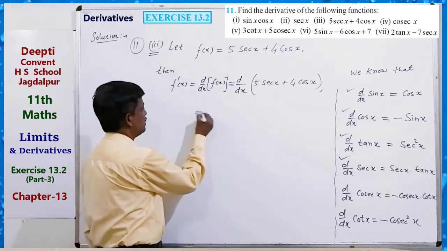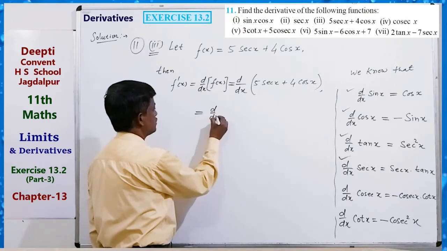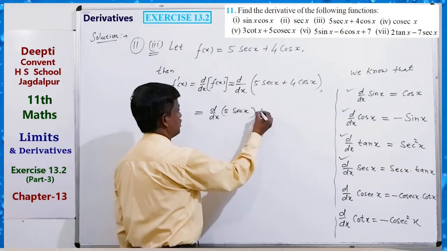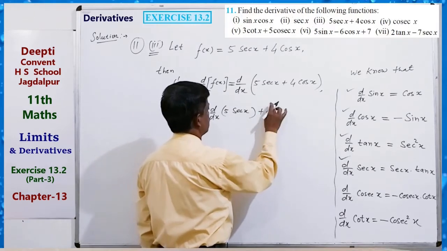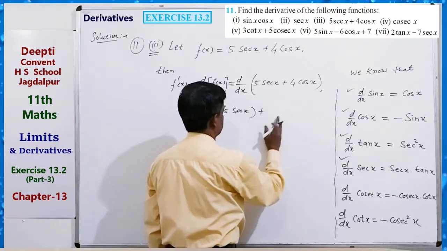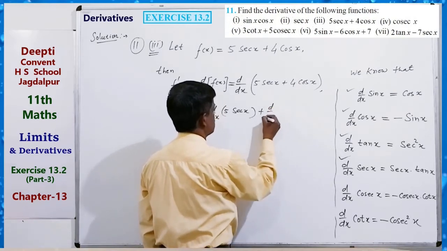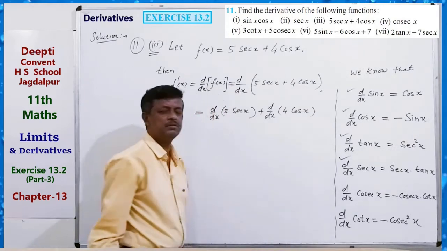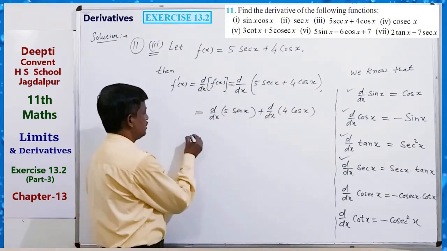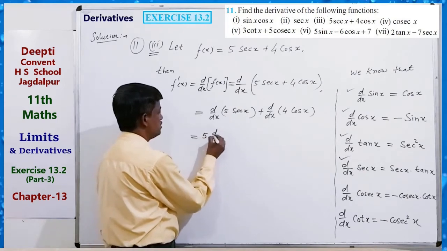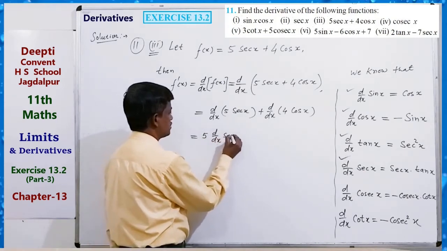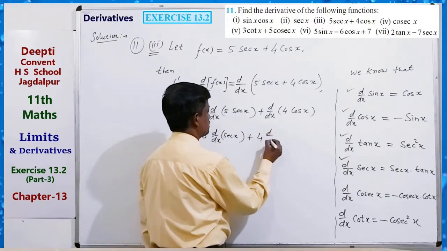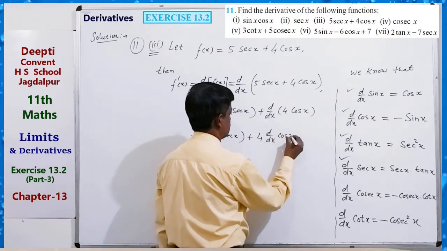And this can be written as dy dx 5 sec x plus dy dx 4 cos x. Algebra of derivative. So here constant can be taken outside. So 5 dy dx sec x plus 4 dy dx cos x.